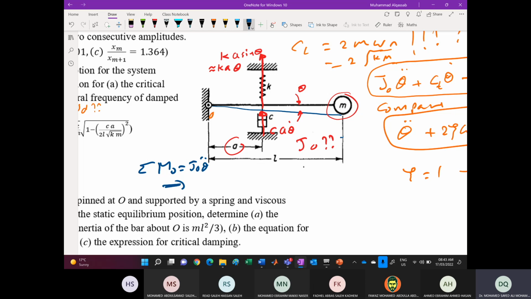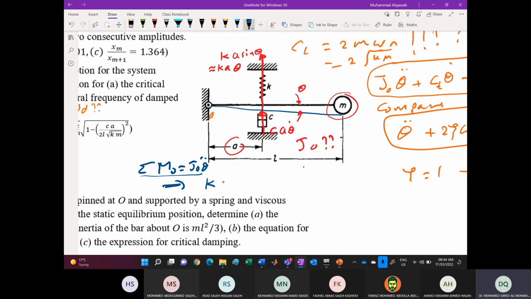And what is the definition of moment? Force times perpendicular distance. But in the test, they always put forces. I don't know why. For so many semesters, when they write this equation, they put the forces as if it is something new for them.